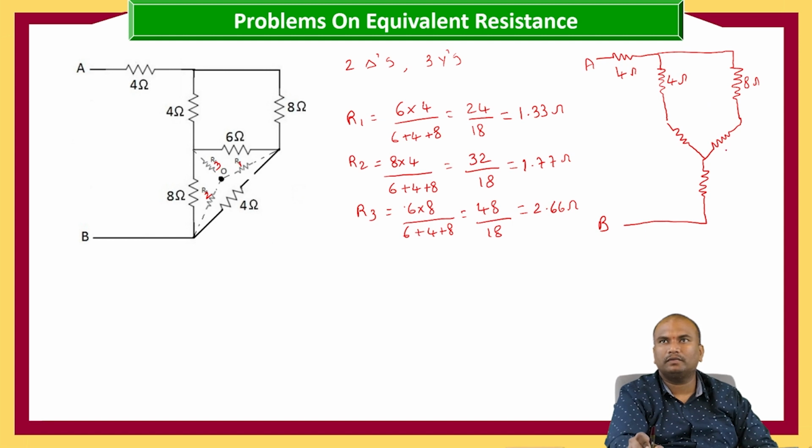Here it is 1.33 ohms, 1.77 ohms, which is whatever the resistance which we have calculated, that only we need to replace. Otherwise, our answer will be wrong.